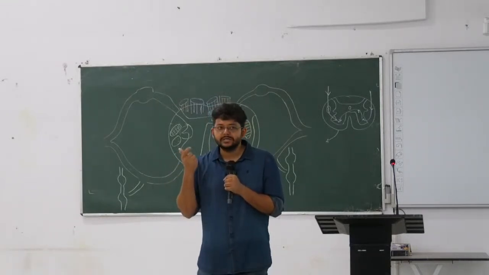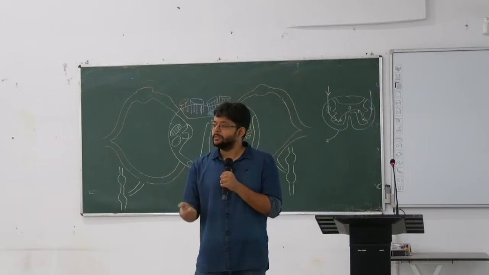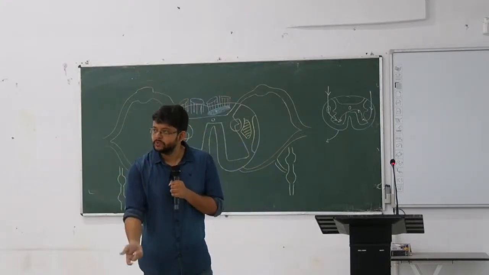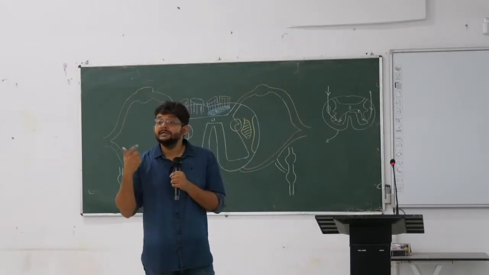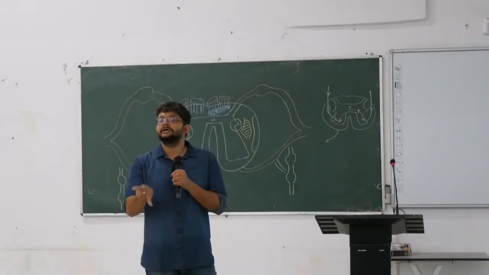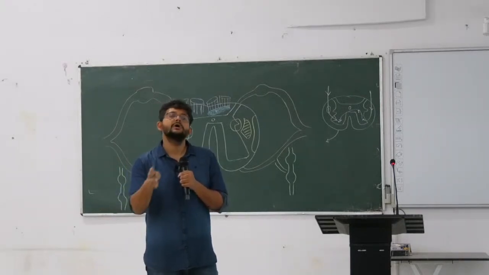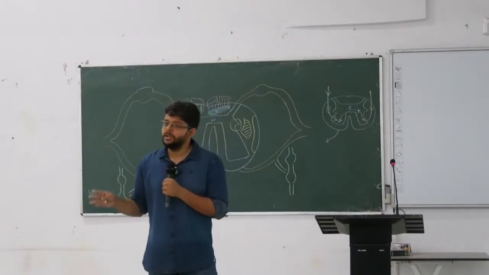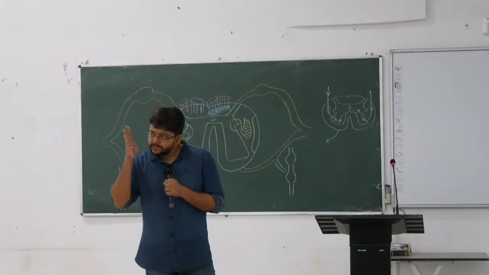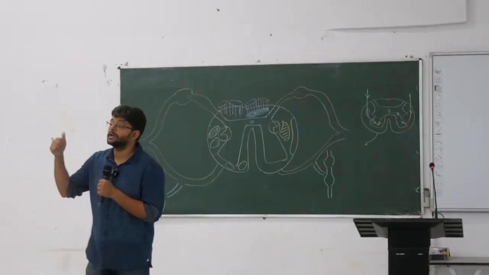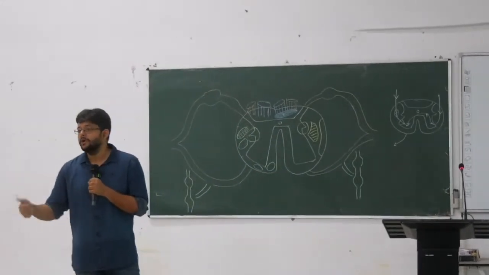It is connected with the basal ganglia, because that's the basis of GPS that the motor system follows. And it has multiple parts of the motor cortex: the primary motor cortex, premotor cortex, supplementary motor cortex.